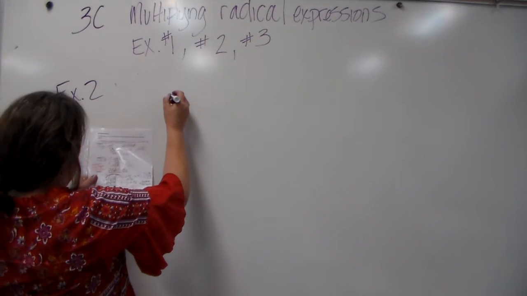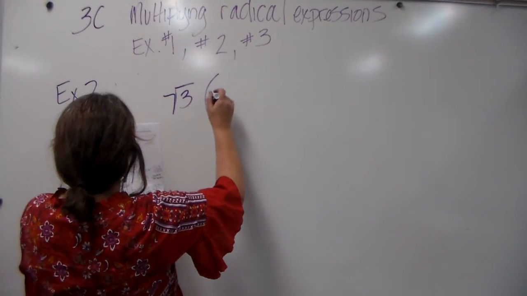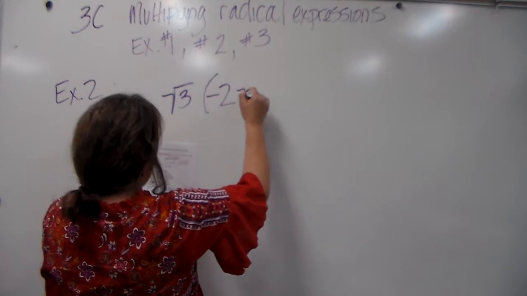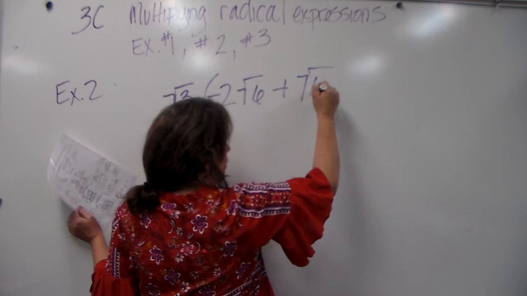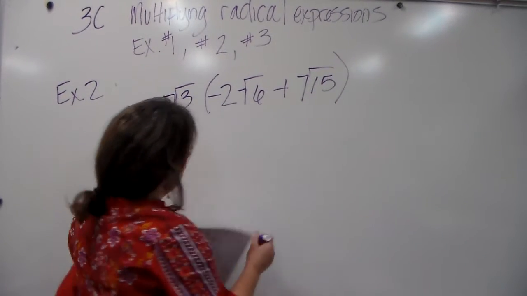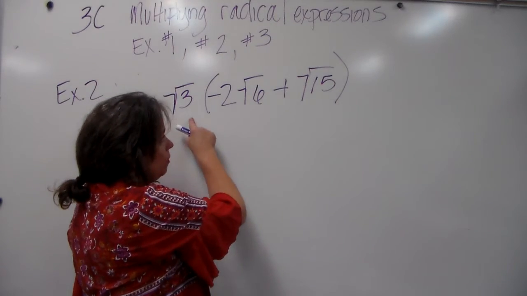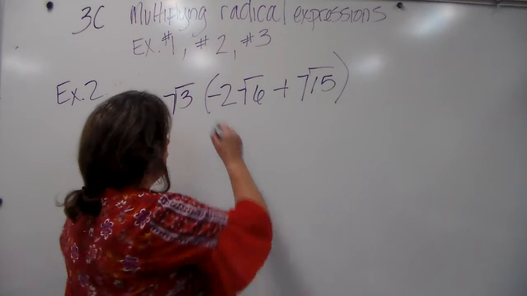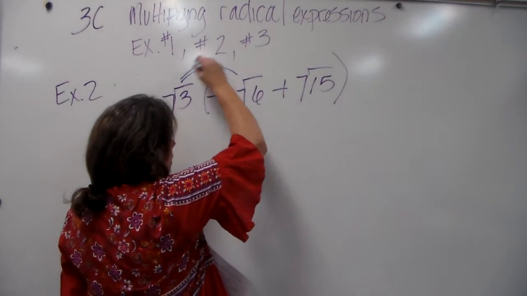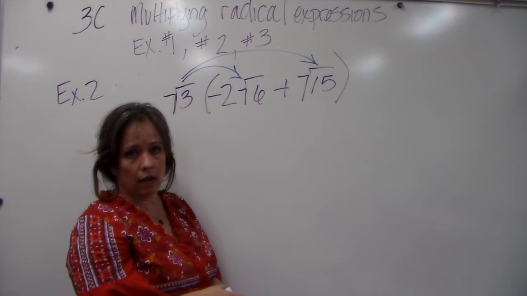And what our problem says is square root of 3 times minus 2 square roots of 6 plus square root of 15. And just like we did before, when we have one term on the outside, we can distribute, okay? So we can multiply that root 3 times both of those terms on the inside.